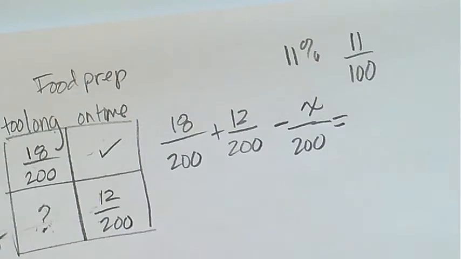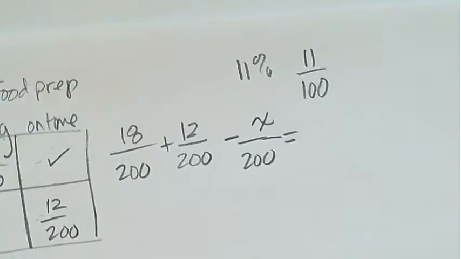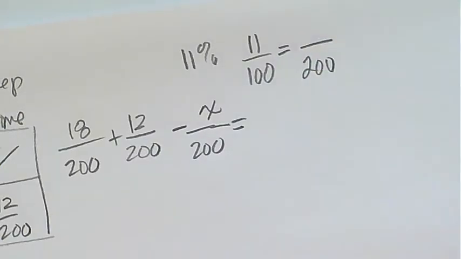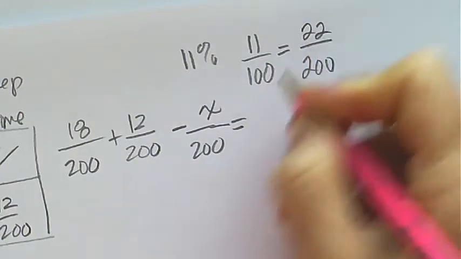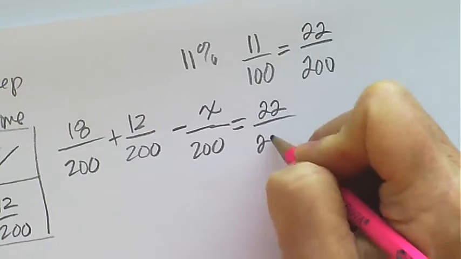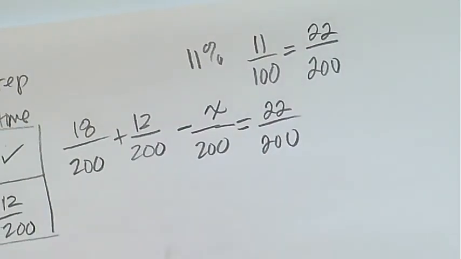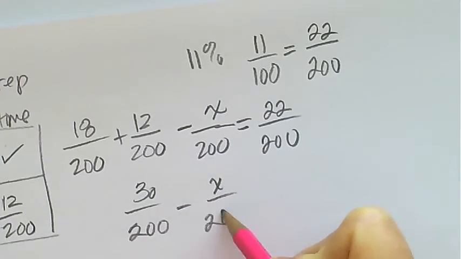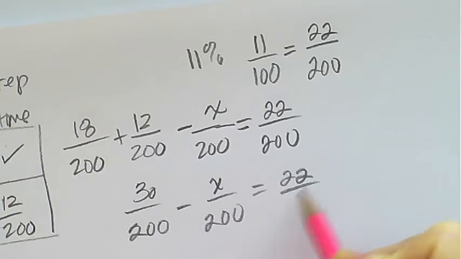And because all of my fractions have a denominator of 200, I'm just going to make this a denominator of 200. So that'd be 22 over 200. Okay, so that's going to be 30 over 200 minus something equals 22 over 200. Well, that must be 30 minus 8 would give me 22.